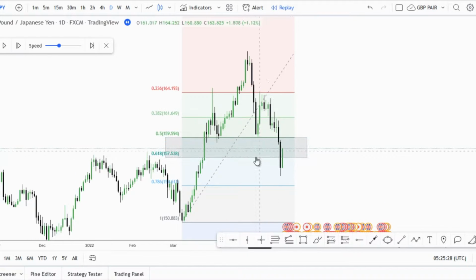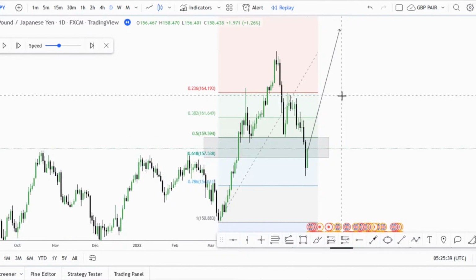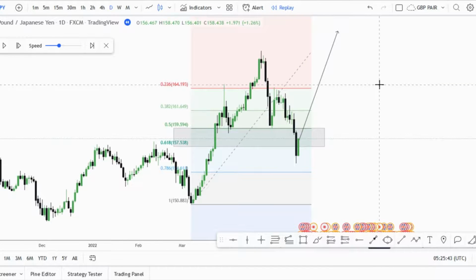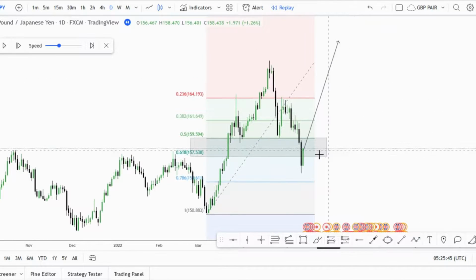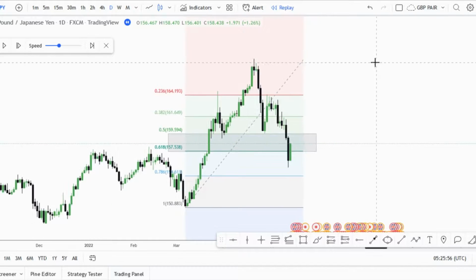You can see that price has started reacting in this area here, so we are expecting a push to the upside from this area. Then I go in, find my setups, and of course collect some pips. So let me play this out.